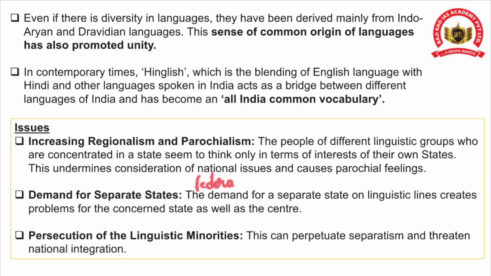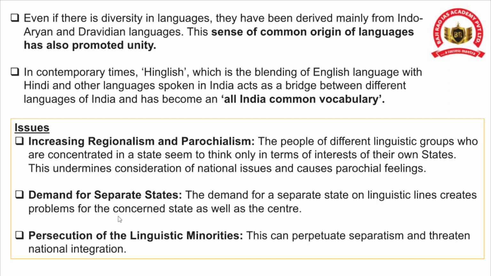This would disrupt the federal structure, and this would even lead to secessionist tendencies in different parts of our country. And if the demand for separate states keeps increasing on linguistic lines, this will further create problems for the concerned state as well as the center. For the center, in terms of the creation of more and more states on the basis of language.